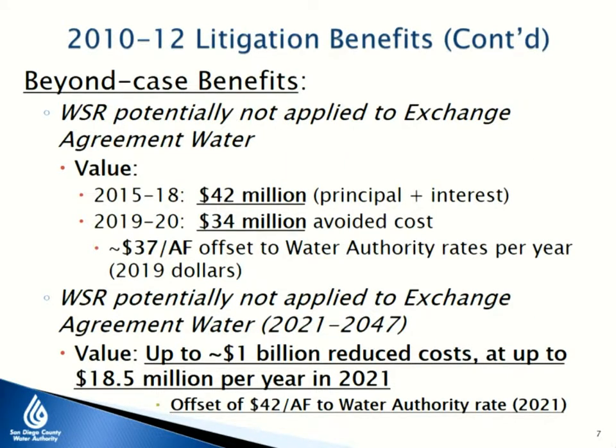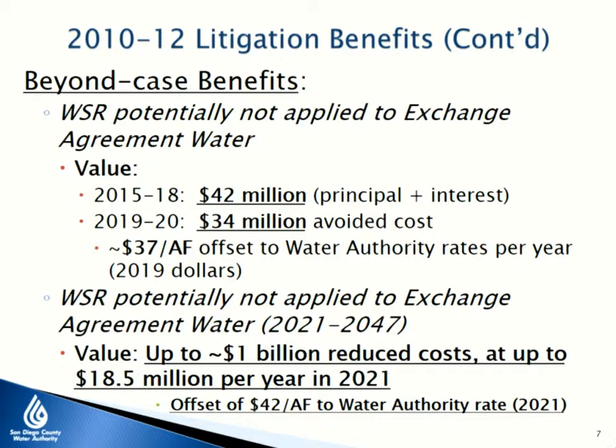Now, in addition to things that actually were determined in the 2010-2012 cases that affect those cases directly, there were also results that affect other things outside that case. The first one is that issue of the water stewardship rate not applying to exchange agreement water.